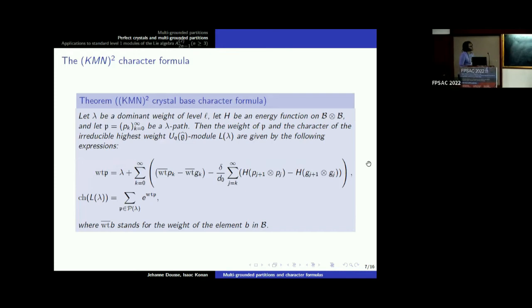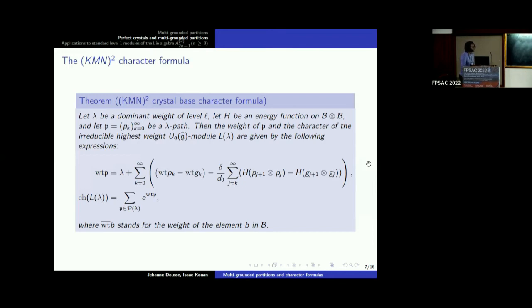And the KMN crystal-based character formula states that when you want to compute the character of the irreducible highest weight U_q(g) module, this is what we call the weights.